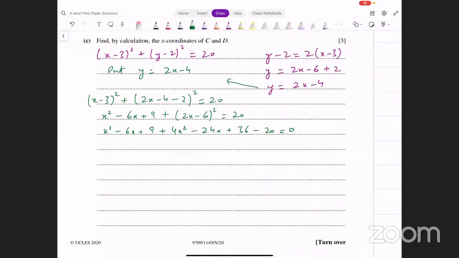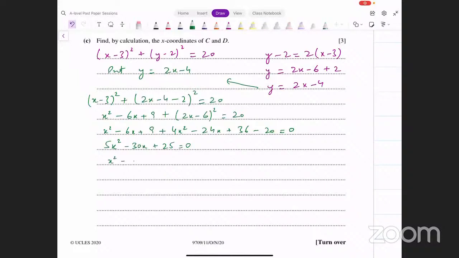We need to solve this equation. 5x square, x square वाली terms ये दो ही हैं सिर्फ. X वाली terms कौन सी हैं? Minus 6 minus 24. That's going to give us minus 30x. And then the constants 9, 36, and minus 20. That's 45 minus 20, which should be plus 25 equals 0. Let's simplify.